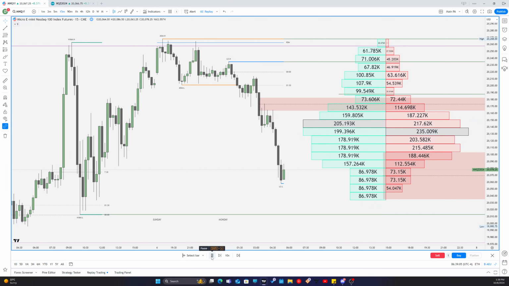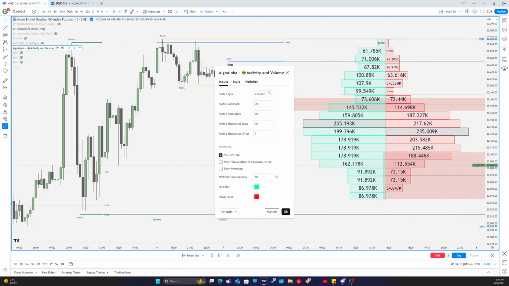So if you look at the profile here, it also kind of matches with the impulse range on the 15-minute, and that's on the settings. You can actually play around with it, but for me, the default settings were just fine. I just turned off some settings here. I don't actually need the look back period visualization and heat map.